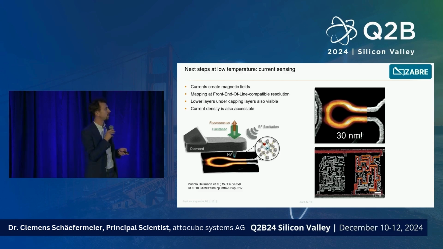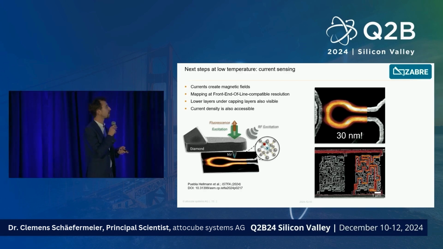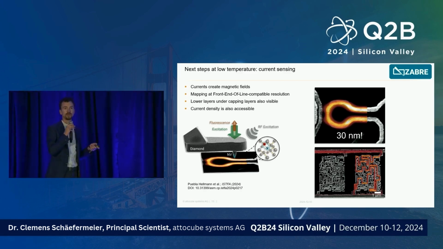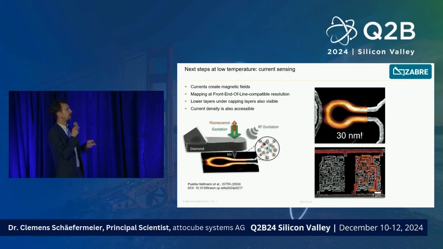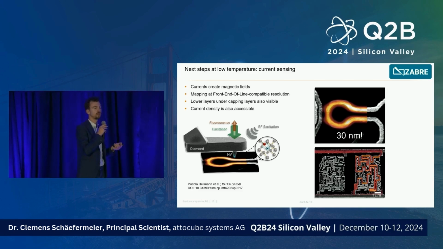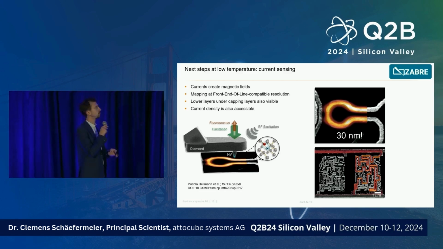So what they used here is a circuitry, and they traced basically the current flow through this meandering electronic device. And what's really important here is to show that you can achieve a resolution of like 30 nanometer, because especially for front end of line devices, you need to go there. You need to have such a resolution.